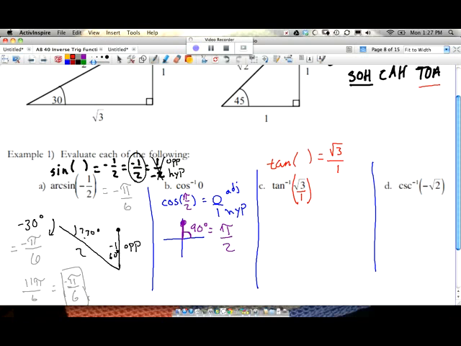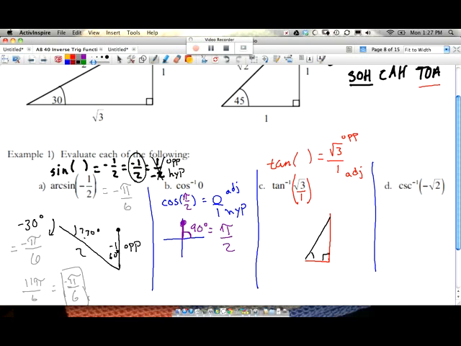Well, √3 would be our opposite side, and 1 would be our adjacent side, because it's opposite over adjacent for tangent. So if the opposite side is √3 and the adjacent side is 1, it's really asking what angle or what triangle are we talking about here.